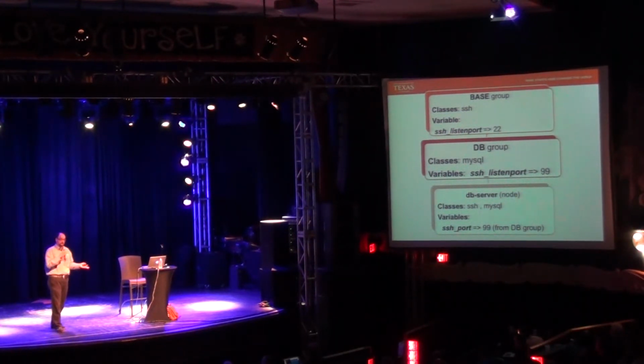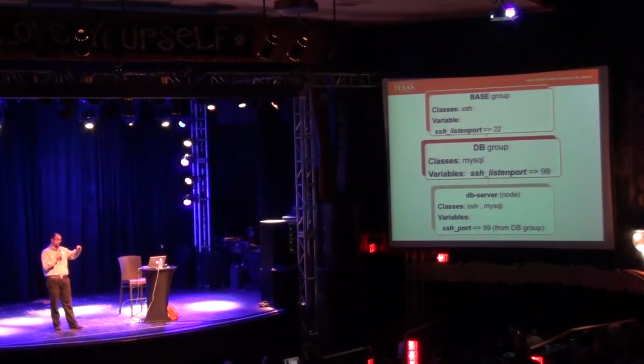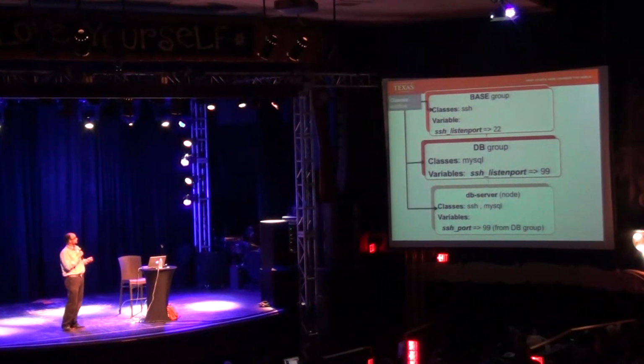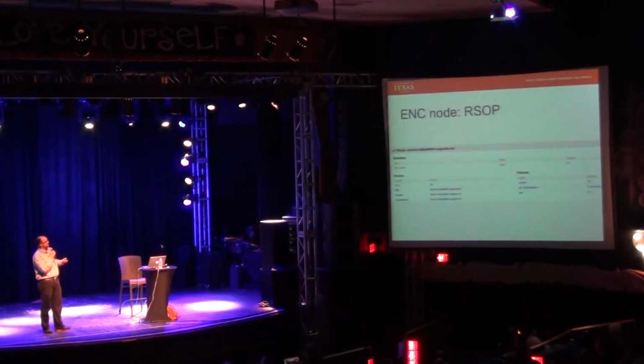Now this is a very simple example, but it's actually a very powerful tool for allowing control at these sublevels. Sorry, it's a multi-part slide. All right, so classes are additive, and for variables, closest to the node wins.